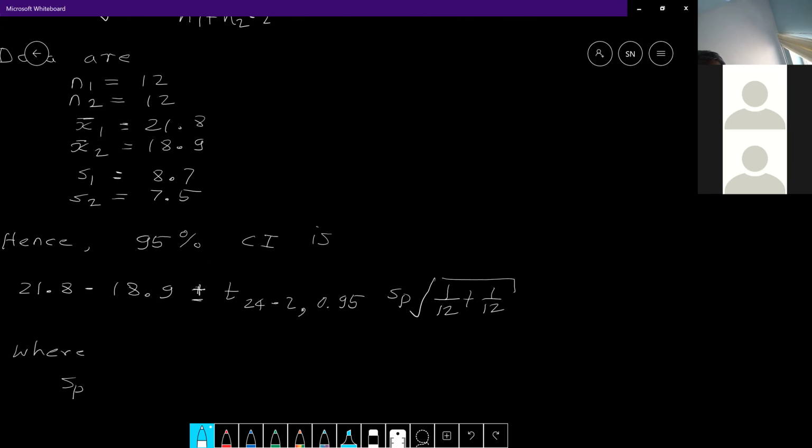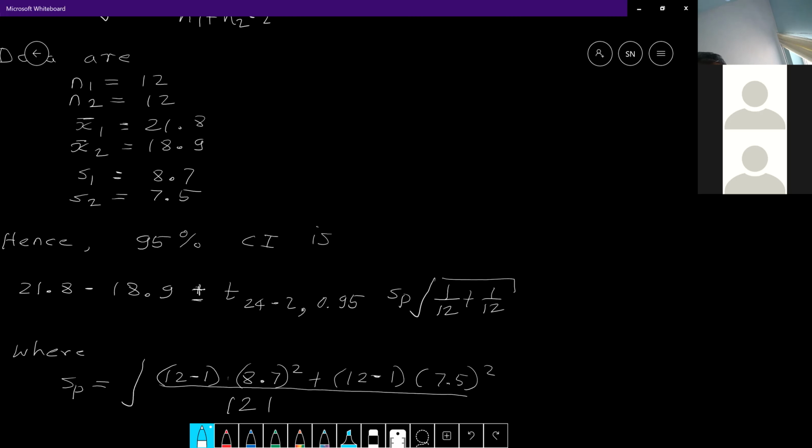Sp is equal to the square root of (12 minus 1) times S1 squared, sorry, it's not 21.8, this S1 is 8.7, so 8.7 squared, plus 11 times 7.5 squared, divided by 12 plus 12 minus 2.